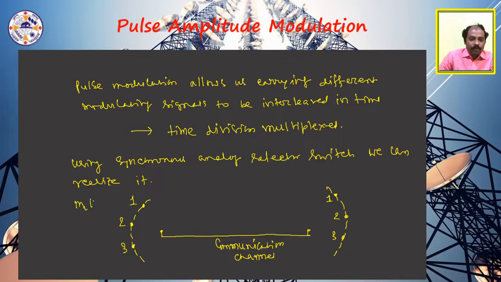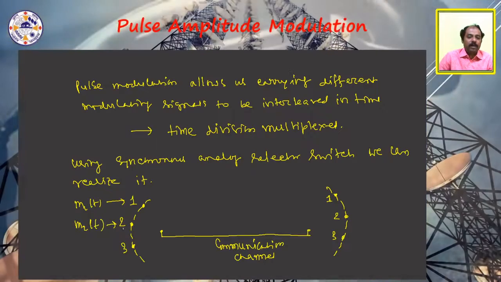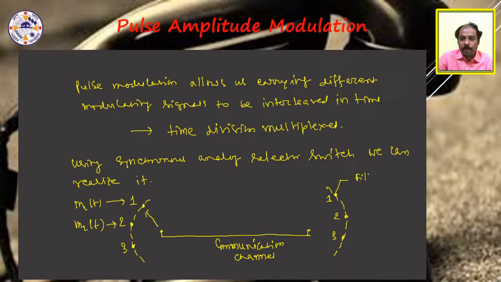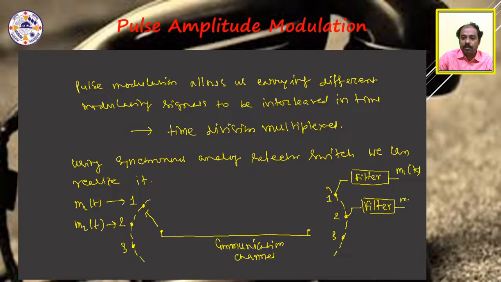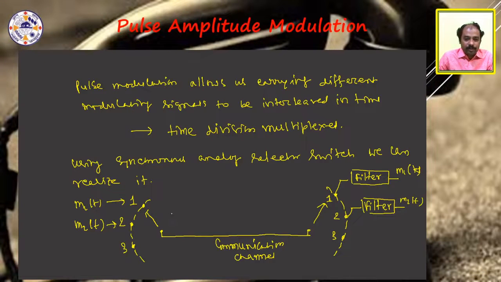So I am applying here m1 function of t. I am applying here m2t, etc. Fine, and this is the selector switch, and from here through a filter I am getting m1 function of t, and again through a filter I am getting m2 function of t, etc. This is called commutator.